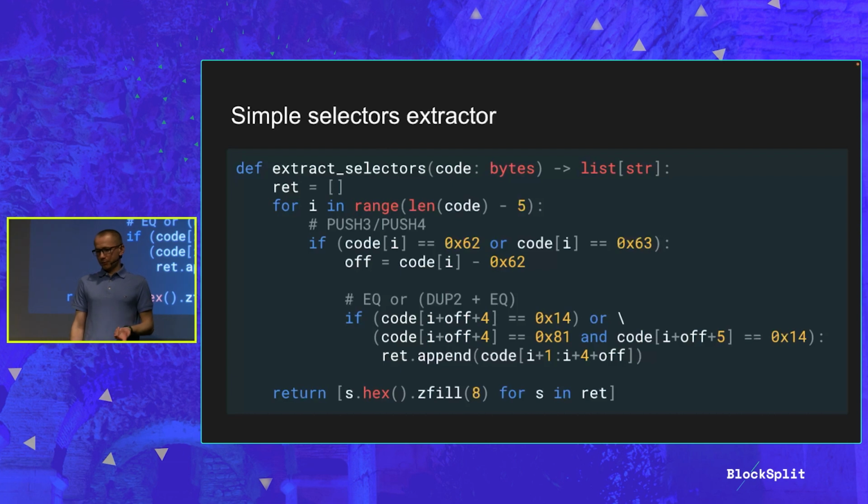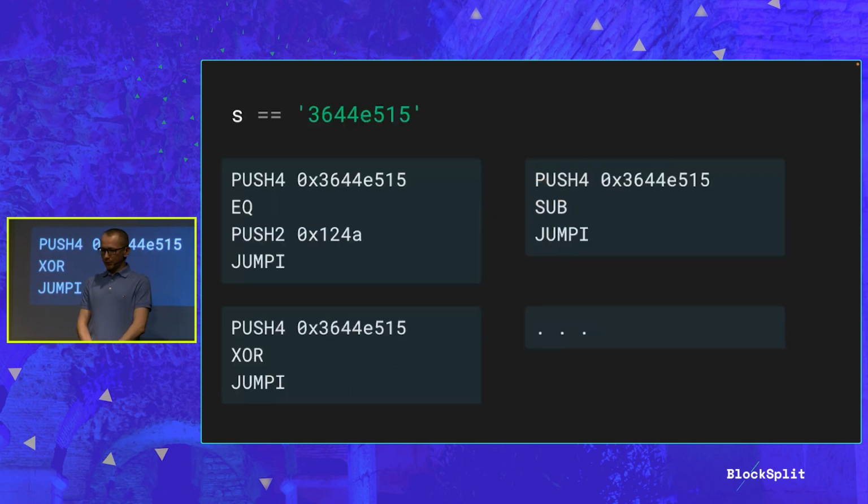I tried to write a selector extractor based on this approach, finding all push opcodes and then equal opcodes, but it performs very badly, with a lot of errors. So something is wrong with this approach. Even this simple comparison can be implemented in different ways by a compiler, by applying optimization, or by compilers of different versions and different languages like Vyper and Solidity.